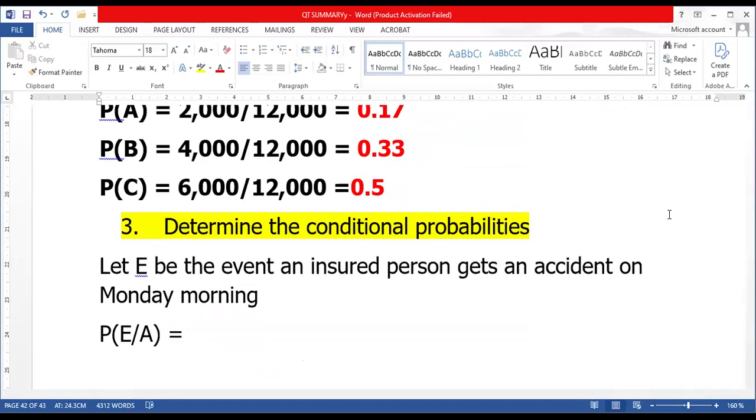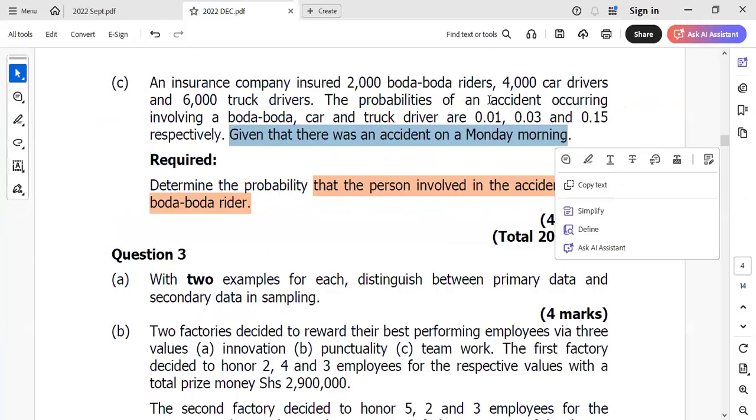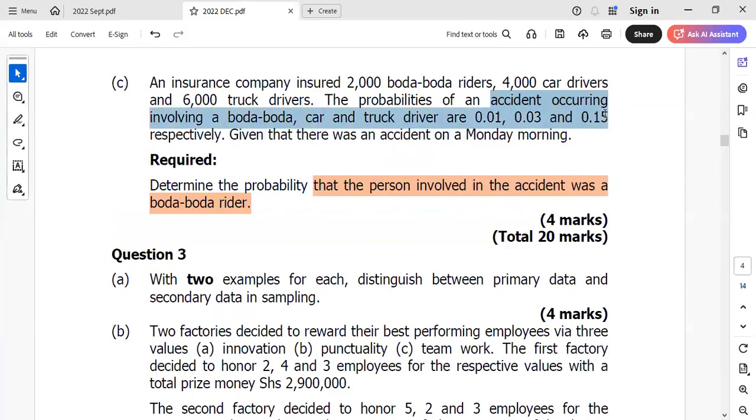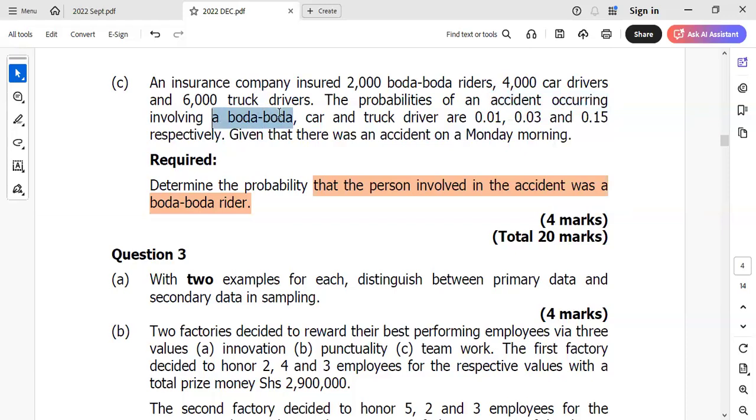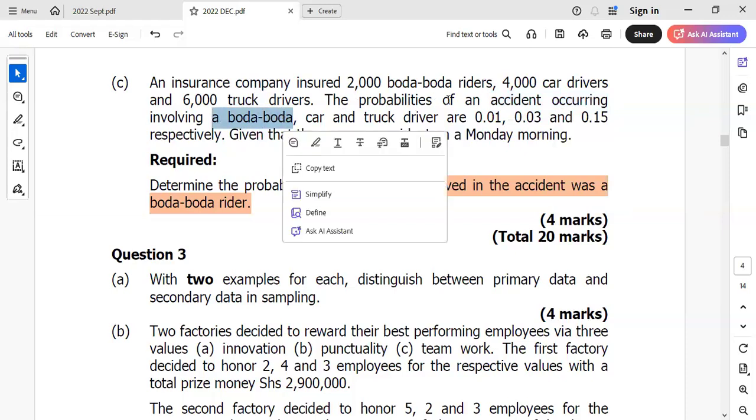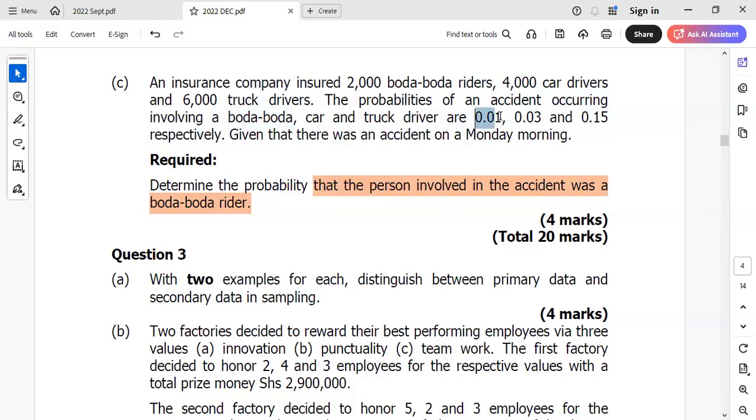So here you get what? Are you given that probability? Because here you are given these probabilities. We are told that the probability of an accident occurring involving a border rider was 0.01.